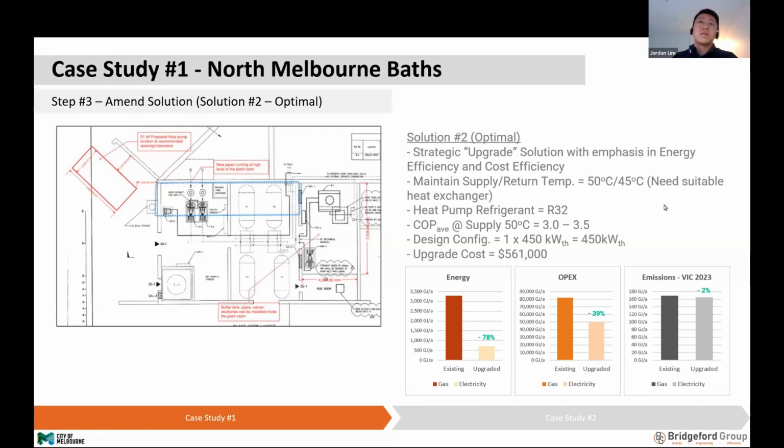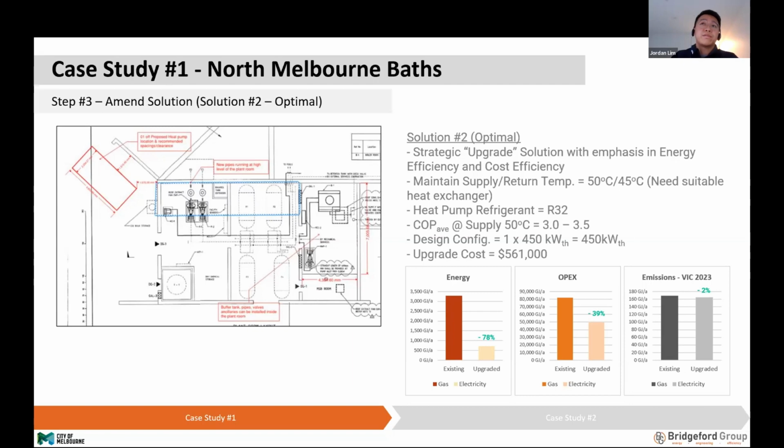So we ended up going with just one heat pump that can supply 450 kilowatts. There's a 10% buffer there, and the total upgrade cost amounts to only about 561 grand, compared to what we saw earlier, which is 870 grand.